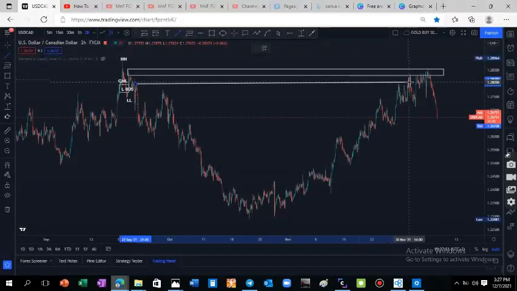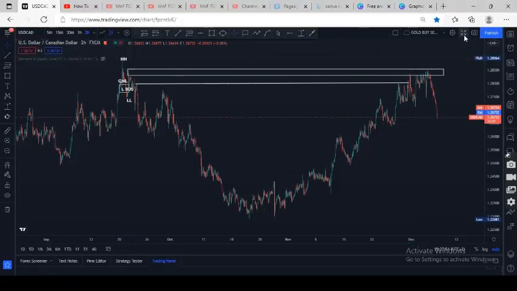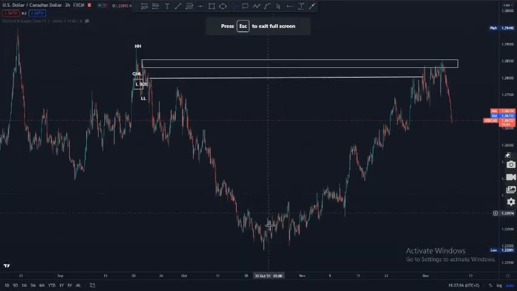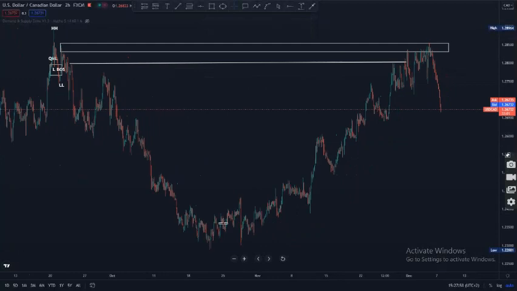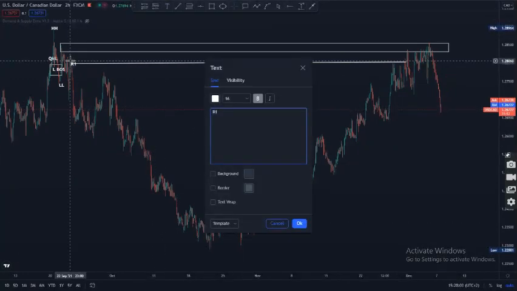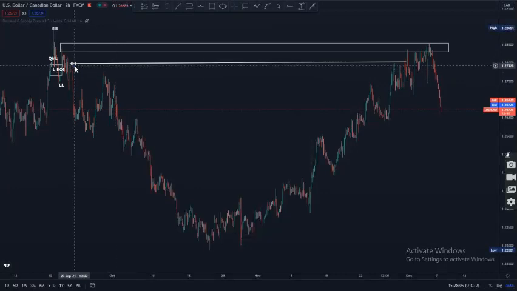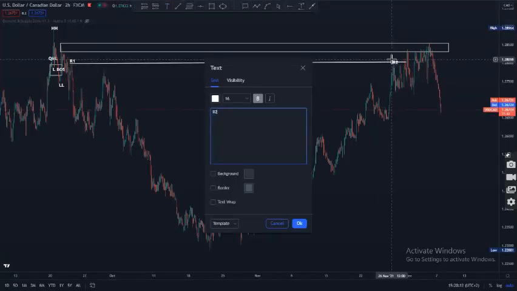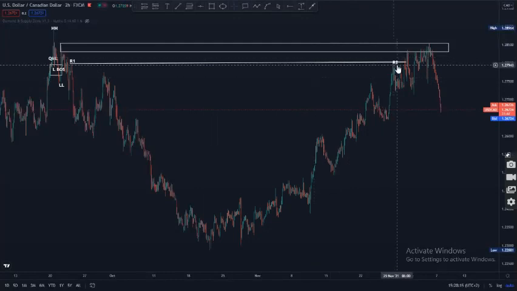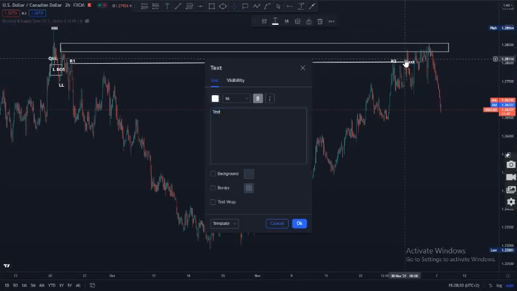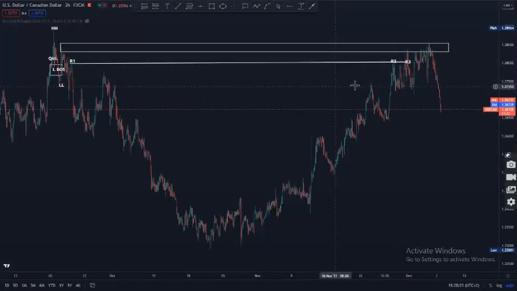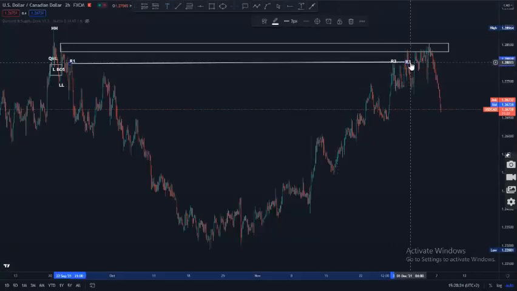This was my fake out right there. So I had an R1, R2, and R3. R1 here, I got my R1 right there, and then had an R2 here, R2 right here, and I had an R3. Then the market broke this level right here.